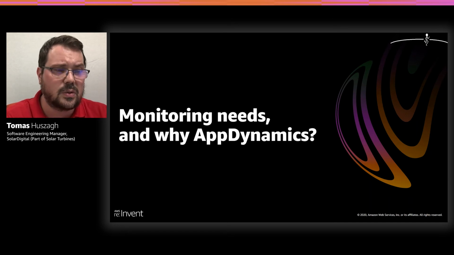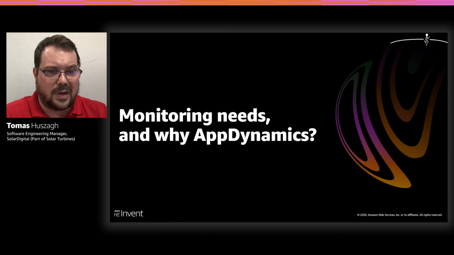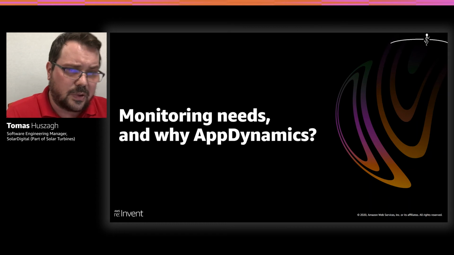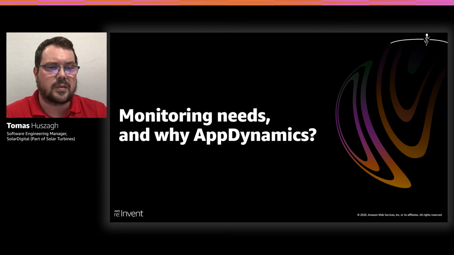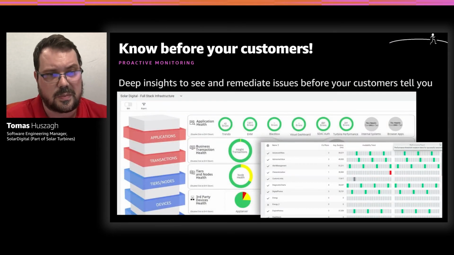It's literally too late when something happens to start investigating why it happened. So again, we did some investigation and analysis between AppDynamics and other companies. We chose AppDynamics, and I have 3 bullet points here, which are really important for me as a software engineering manager and really working in software development.